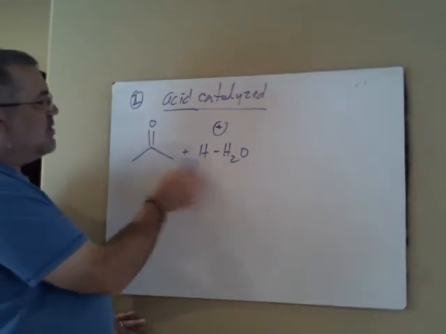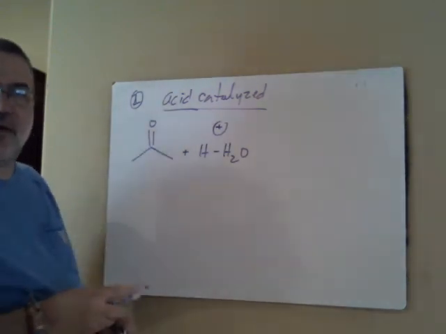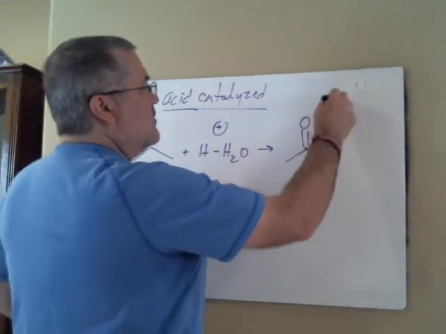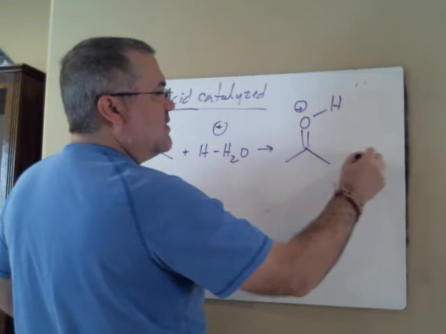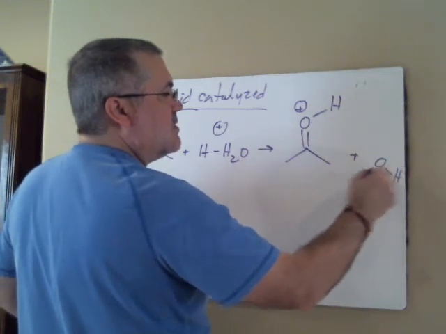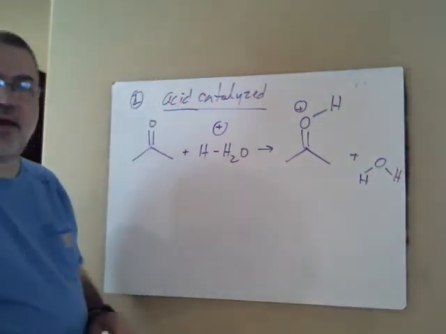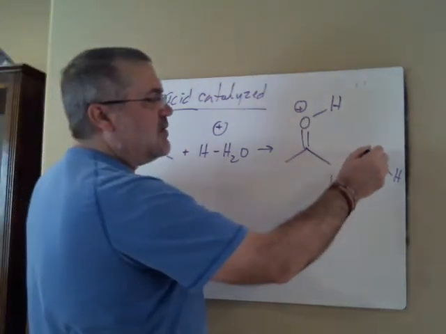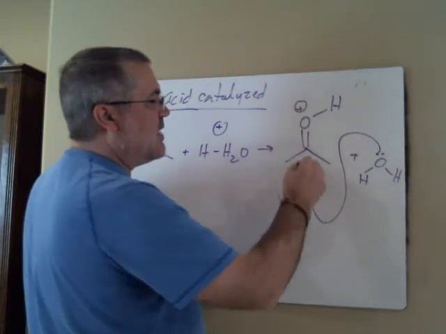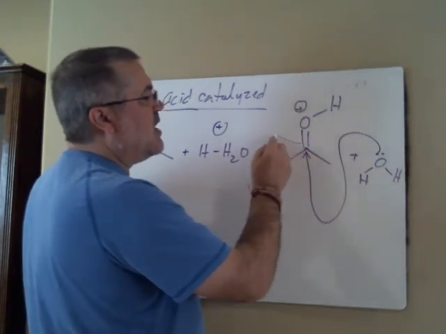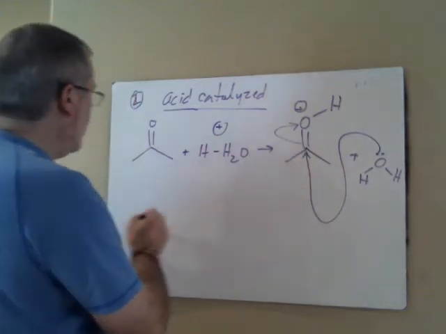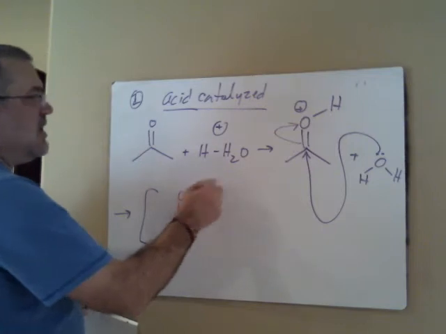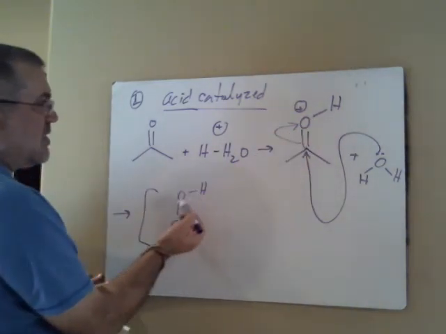And what happens when you put that in the presence of a carbonyl? The first thing that's going to happen is you're going to protonate that carbonyl, which is going to leave you with water. And once that occurs, it's the water as a neutral nucleophile that's going to come in and react with the electrophilic carbon of the carbonyl, breaking the pi bond, moving the electrons out to the O, giving the tetrahedral intermediate, which would look like this. Now it doesn't have an O minus because it's already been protonated.